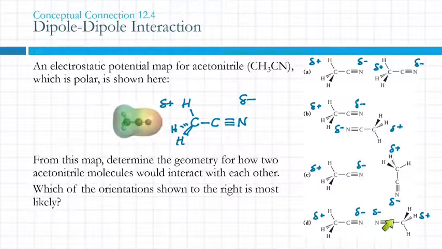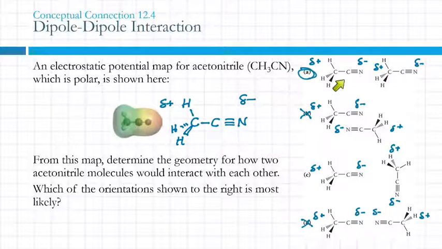We're not going to have the two negatives attracted to each other. These are going to repel. So we've decided it's not D. B is not quite good enough. A, yeah.